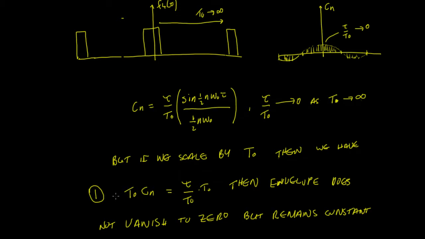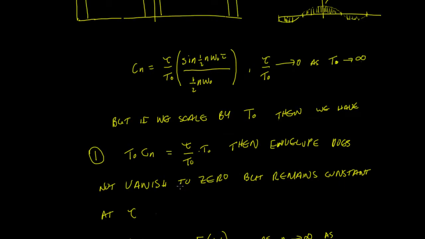So as T naught tended towards infinity, the heights of each value still tend towards a factor of a constant tau. Okay, so that's one thing that occurs.